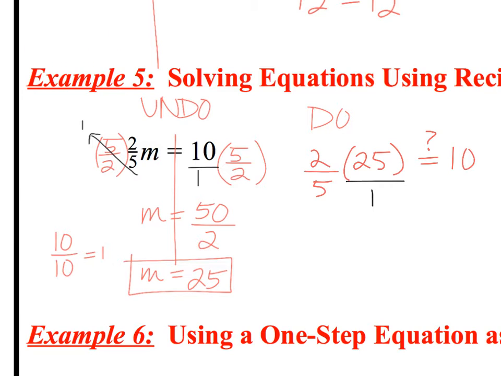Let's make it one. Let's multiply straight across. We get 50 over 5. What's 50 divided by 5? 10. So yes, that is my solution.